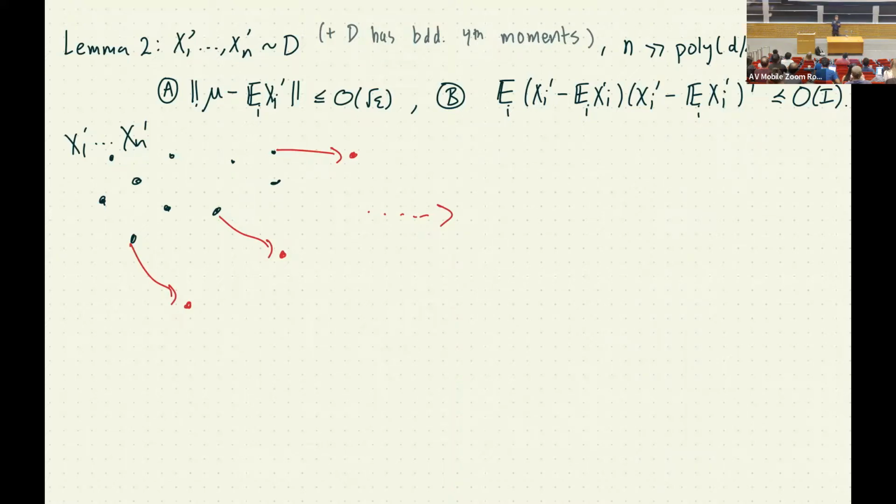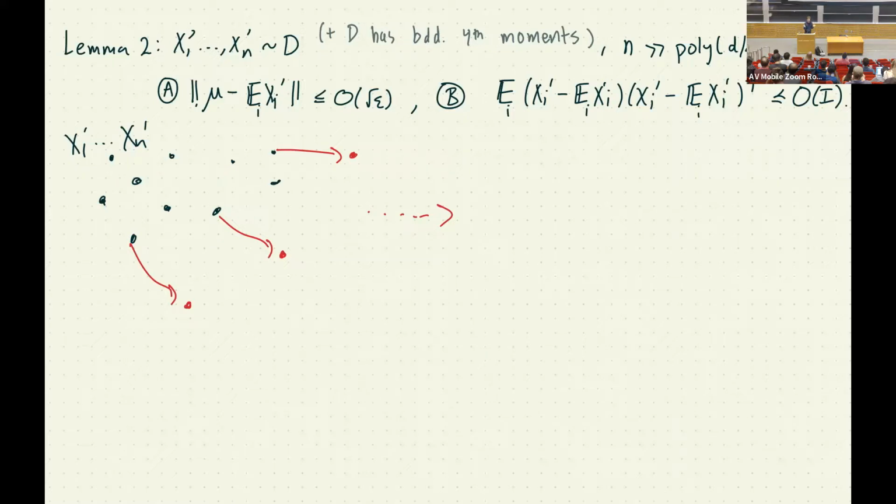I get something that's epsilon close to it in TV distance. I'm going to try to find another thing that's epsilon close to that in TV distance, which has bounded covariance. Here I'm switching freely between population covariance and empirical covariance. I can talk about distributions that are continuous, have continuous PDFs, or I can talk about distributions as the empirical distribution over a set of vectors.